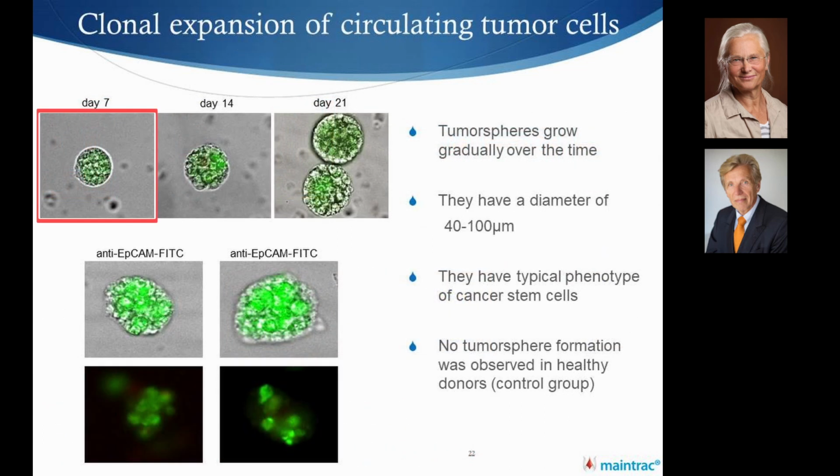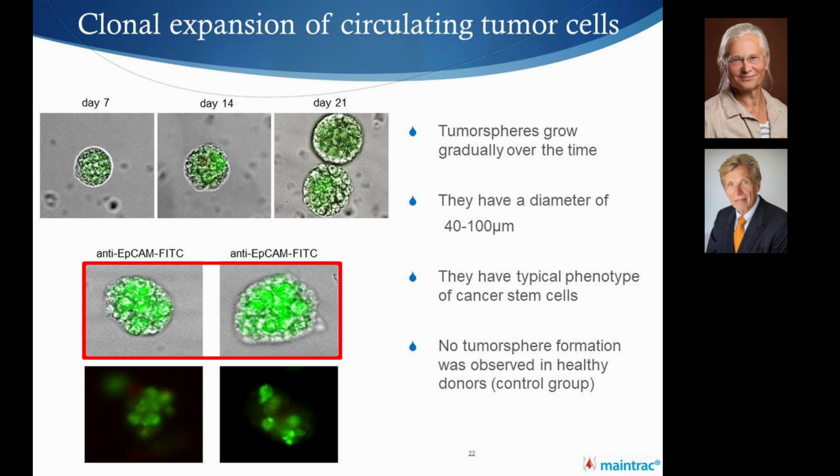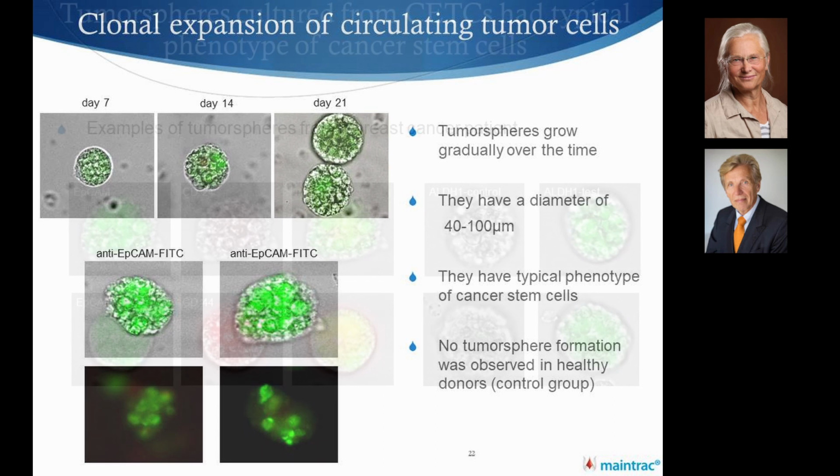What do they look like? They grow over time. In most cases, we have them growing until day 21 because then they are very well visible. And we stain them with anti-EpCAM to be sure that these newly formed spheres are EpCAM derived, or epithelial derived. In healthy subjects, we have so far not seen any such tumor spheres.